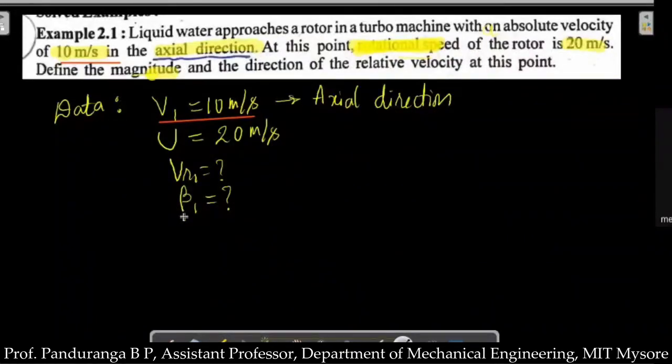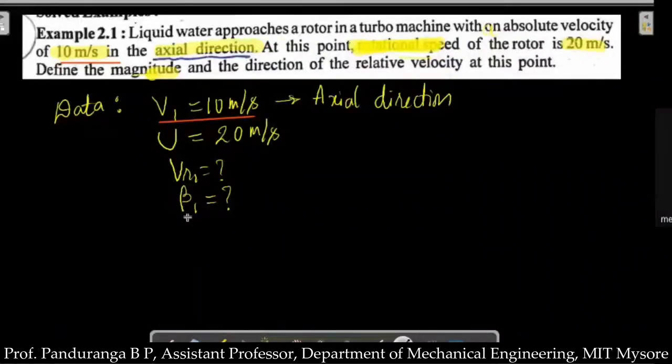In some cases they will give you data as blade angle. If they have given any data as blade angle at inlet or outlet, then that should be beta 1 and 2. If they say the fluid is entering at an angle of 25 degrees or 30 degrees, then that should be the fluid angle, that is the angle of V1 as well as the angle of V2.